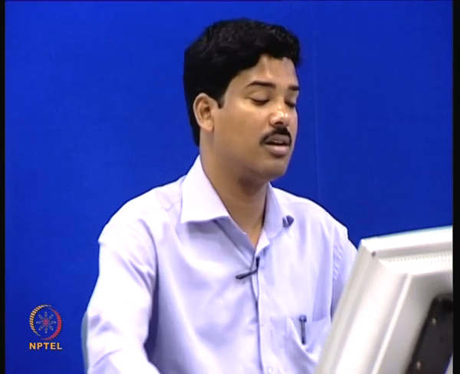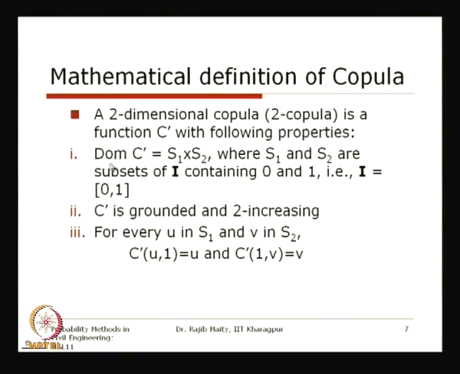The domain of the function C prime is S1 cross S2, where S1 and S2 are subsets of I, the boldface I containing 0 and 1, that is, I is the line between 0 and 1.